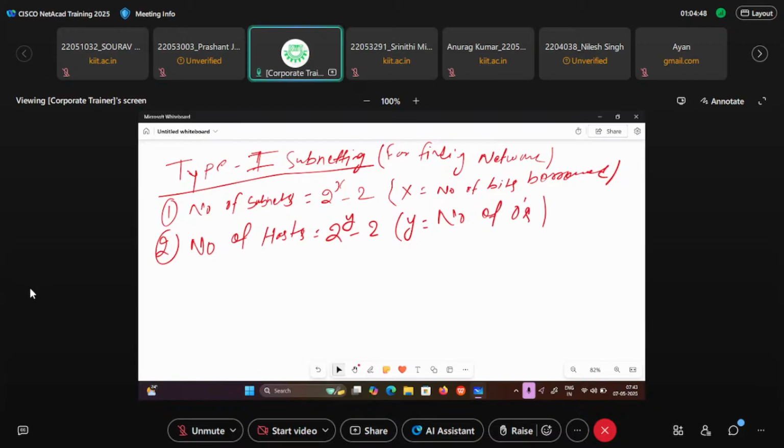Now the third thing you have to calculate is called the magic number, or in some books or sites you will find it called block size. So that also you have to calculate.